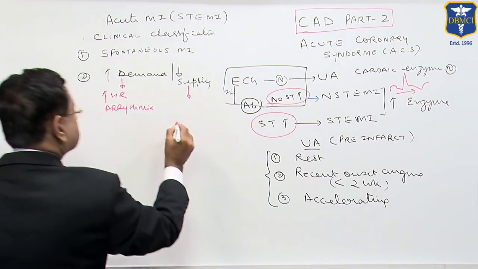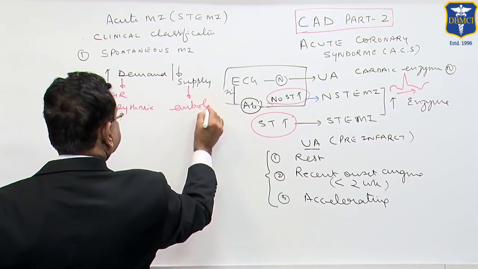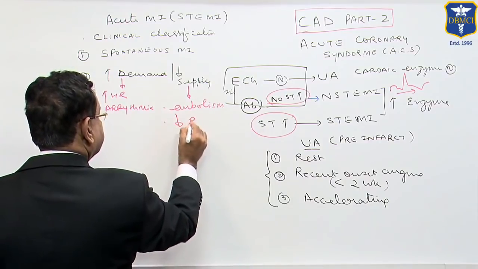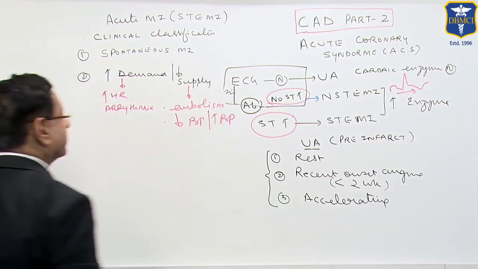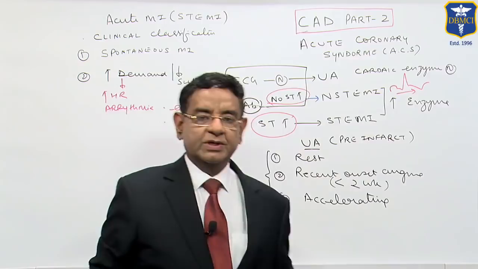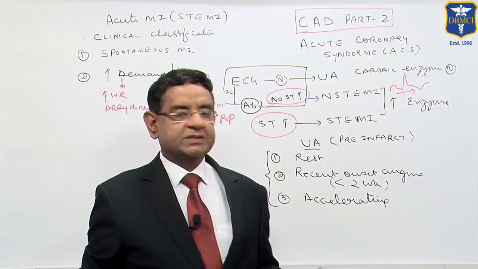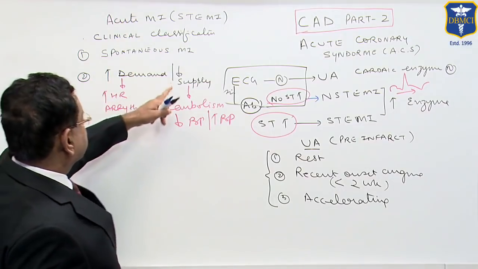Decreased supply is when suddenly there is coronary embolism, sudden decrease in BP or sudden increase in BP. These are the usual things which lead to sudden increased demand or decreased supply.